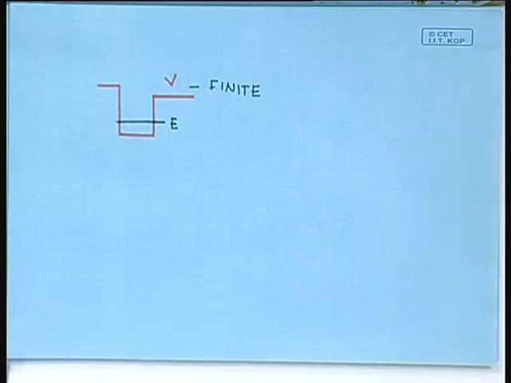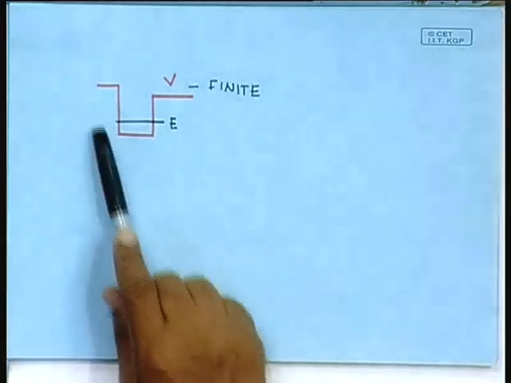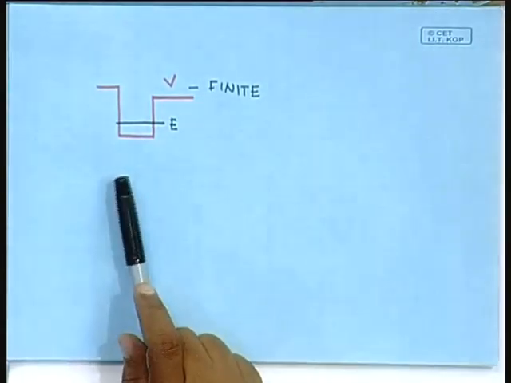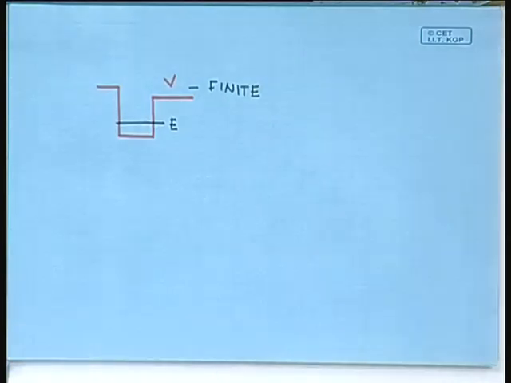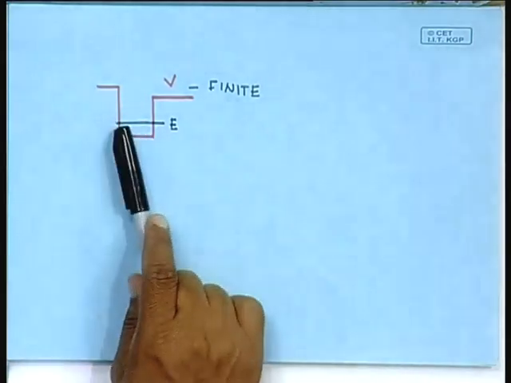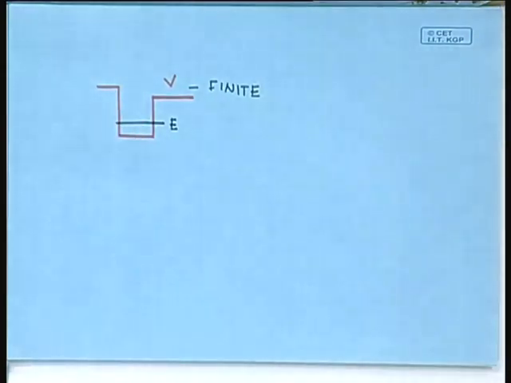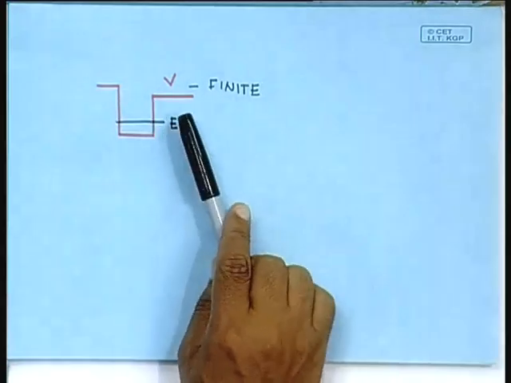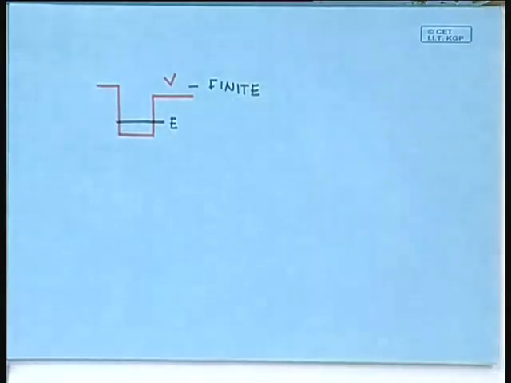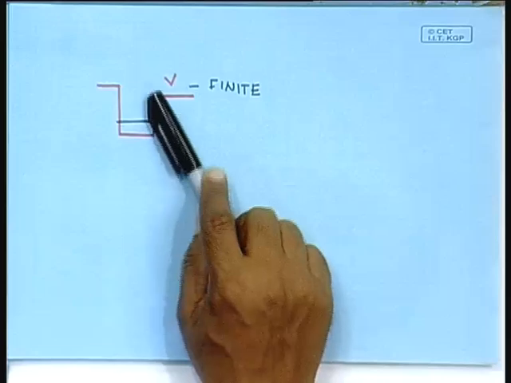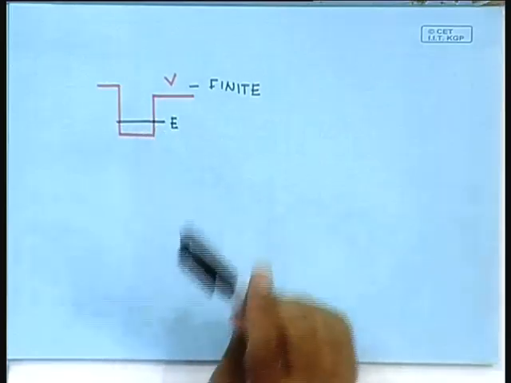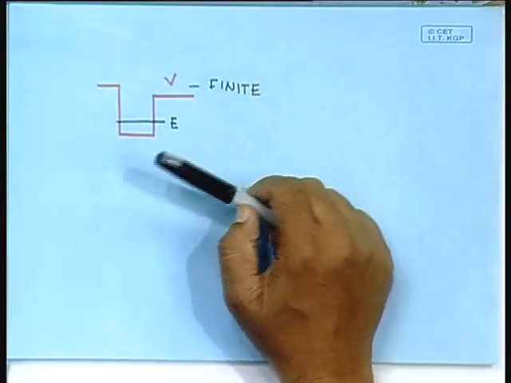So, again if you solve this problem, you will find that there will be only discrete values of the energy for which there will be solutions possible, and solutions will not be possible for any arbitrary value of the energy. For such a finite potential well, the number of possible solutions will not be infinite.